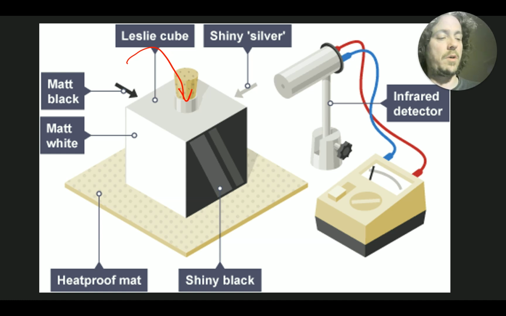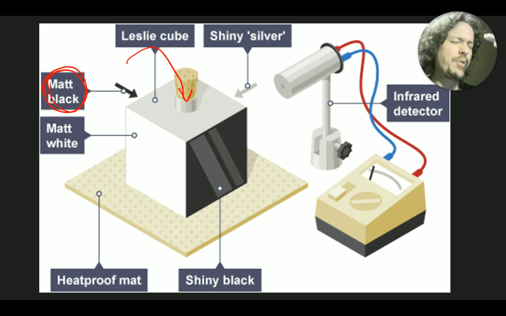And you can obviously position or rotate the cube, and what you find is that the matte black side of the cube, on the other side, which we can't see, emits the most infrared radiation.